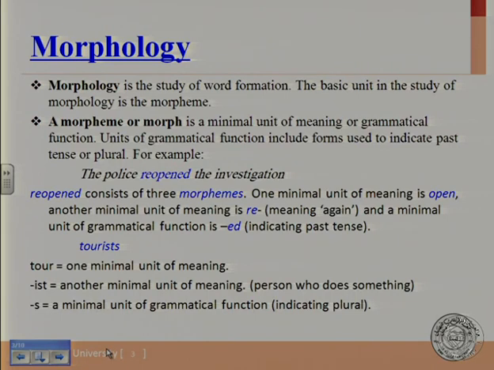Tour is one minimal unit of meaning, the main word, the basic. The part ist, that is the suffix, is again another minimal unit of a word. And the last part, s, is a minimal unit of grammatical function that indicates the plural.